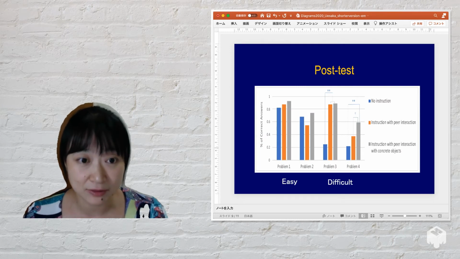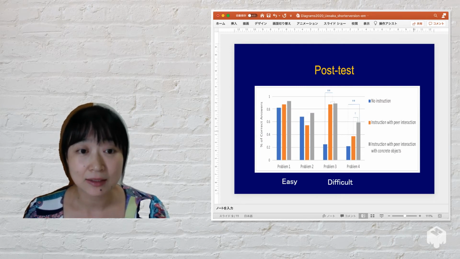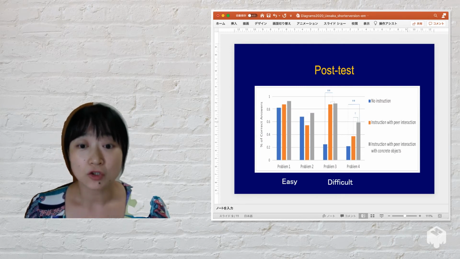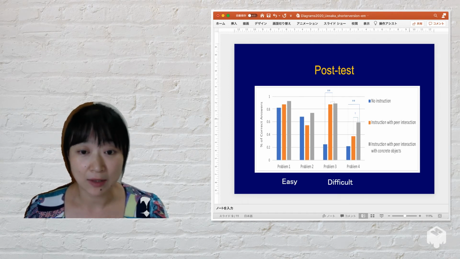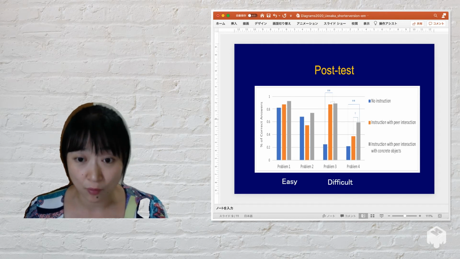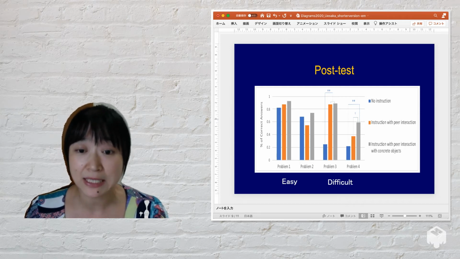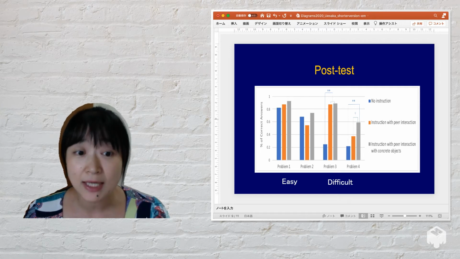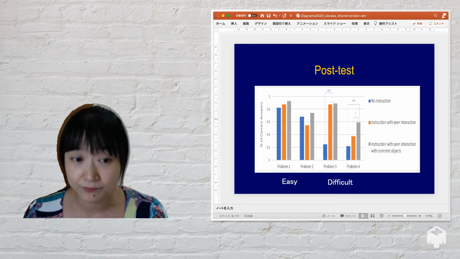This is the result. Look at the no instruction group. That is a kind of baseline, and on problems 3 and 4, which are both difficult problems, it performed poorly. But the groups who received the instruction performed very well, even on the difficult problems.